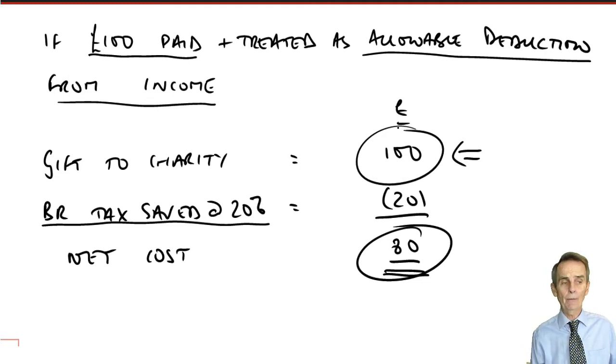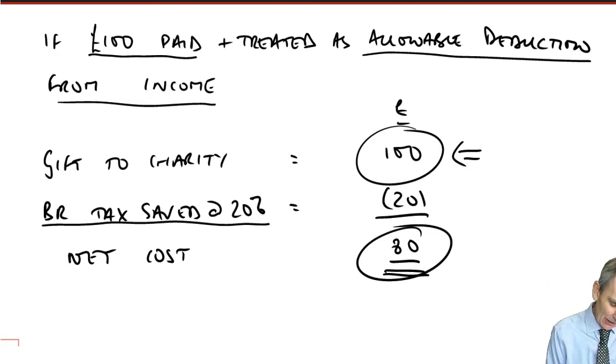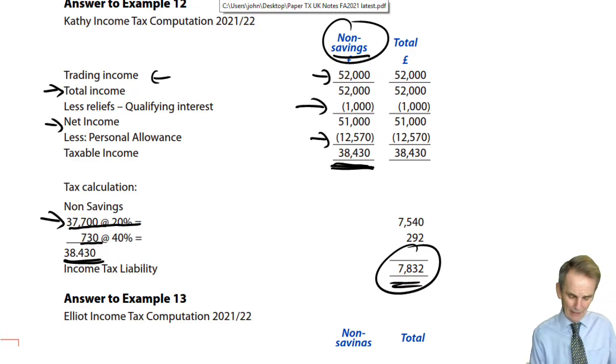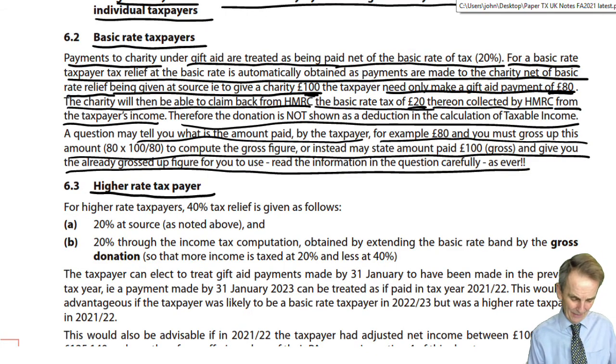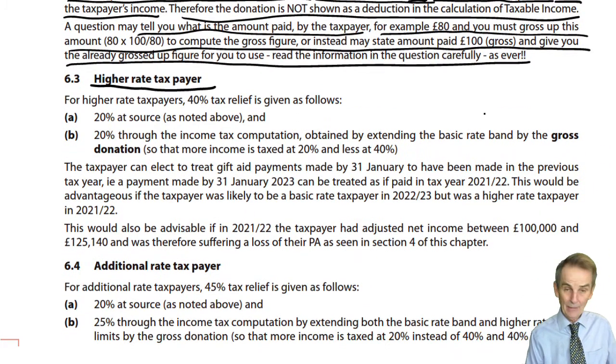You just ignore it. You put a statement, of course, if it was a written question, to say the taxpayer is a basic rate taxpayer, basic rate tax relief given at source on the gift aid payment. Job done. So what's going to happen is that we are going to be dealing with, more likely here, a higher rate taxpayer. Now, a higher rate taxpayer, of course, should be paying tax at 40%.